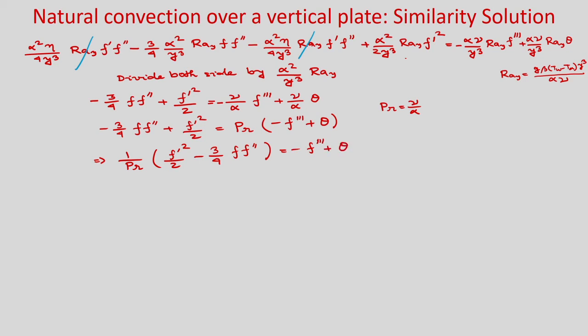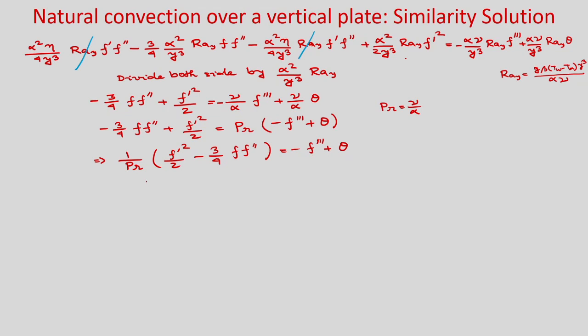So, you can see that choosing the similarity variable, we could convert the three partial differential equations, continuity equation, momentum equation and energy equation to ordinary differential equation. So, if you see that using the similarity approach, we could convert the momentum equation, which is your partial differential equation, to ordinary differential equation. You can see this is a third order differential equation and it is non-linear, because you can see this is f triple prime.